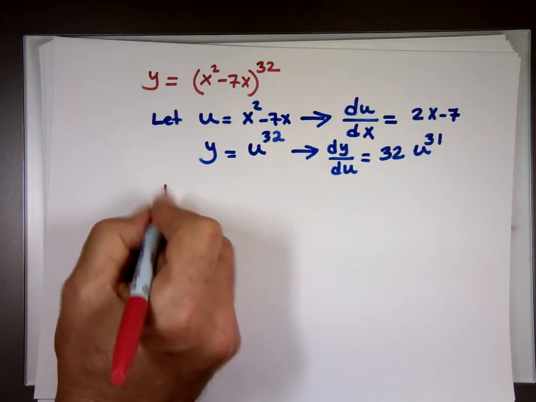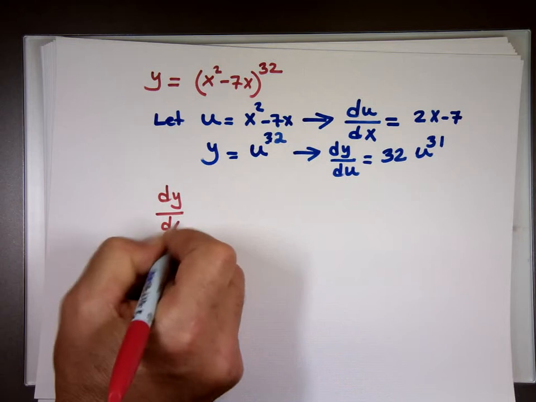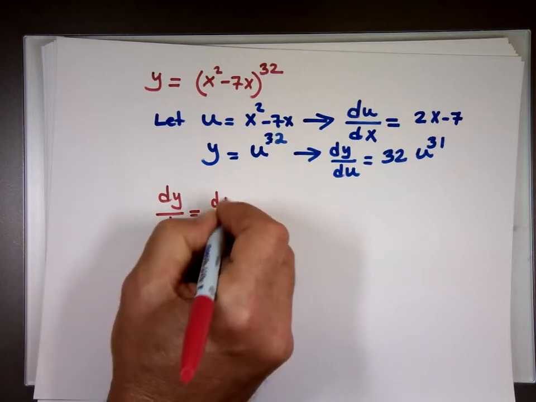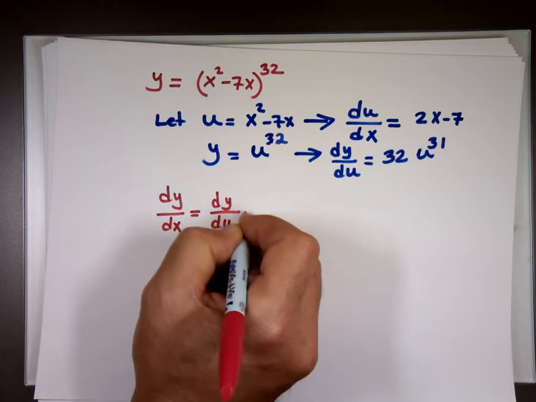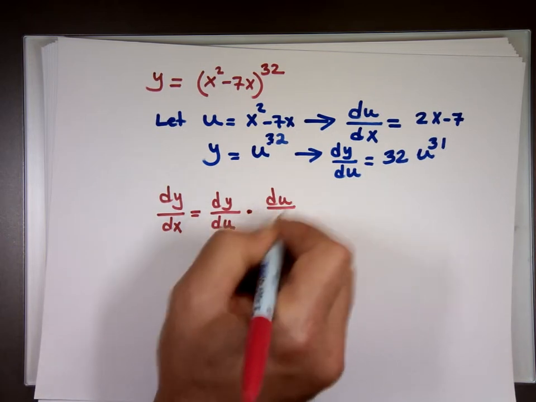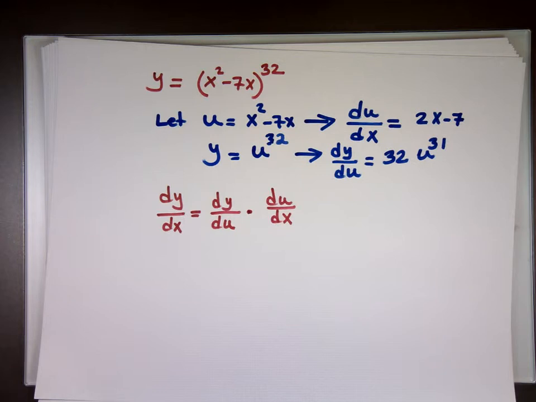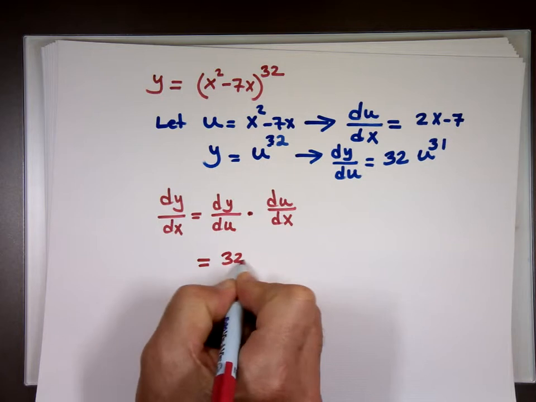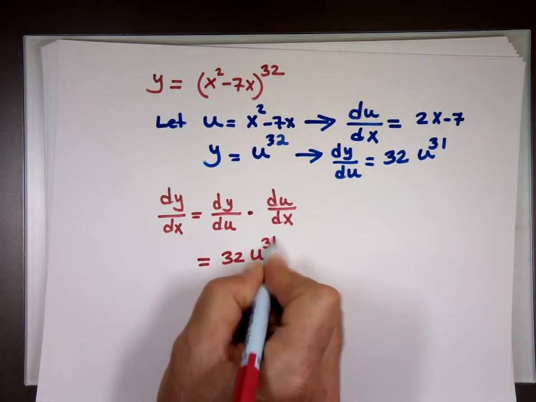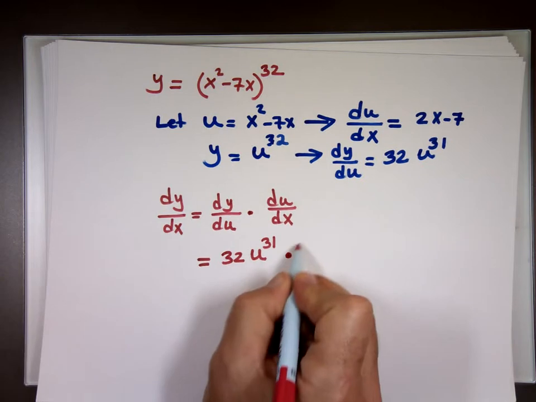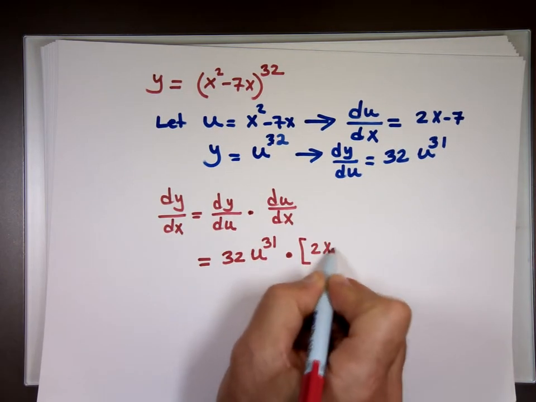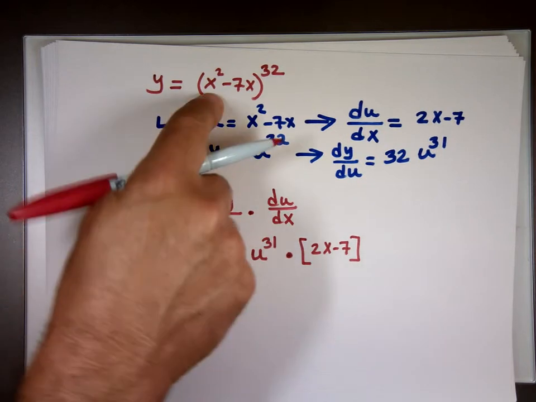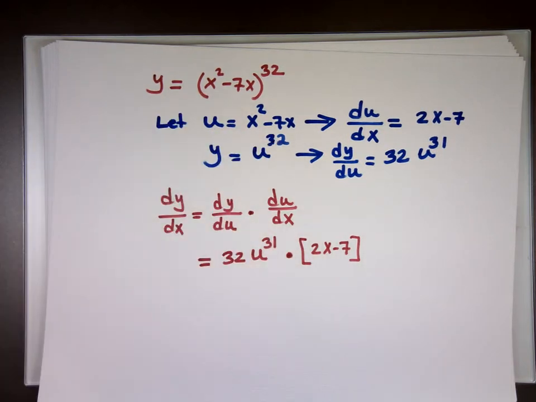So you want to find dy/dx? It's dy/du times du/dx. Do we know what dy/du is? 32 u to the 31 times, do we know what du/dx is? 2x minus 7. Again, your answer has to be a function of x. They wanted dy/dx, not dy/du.